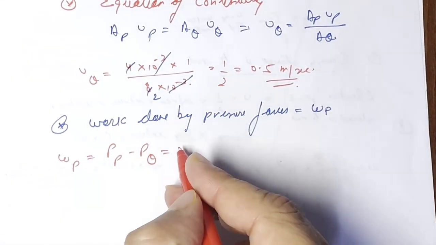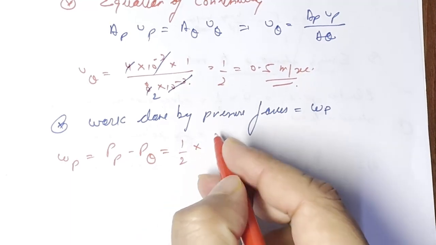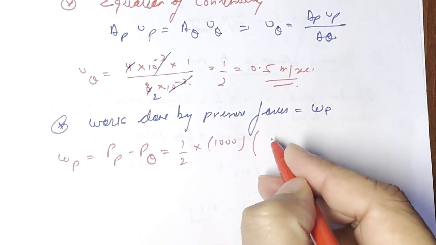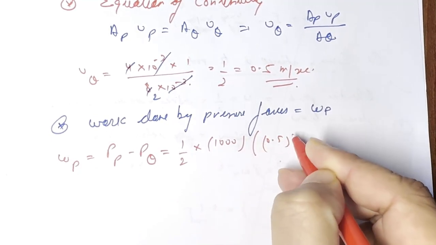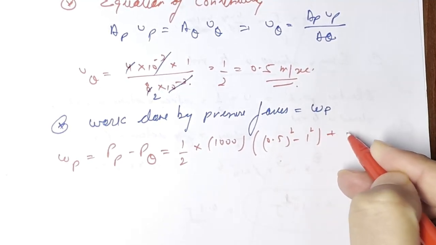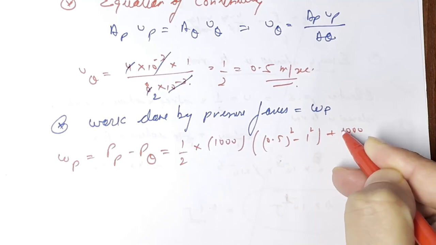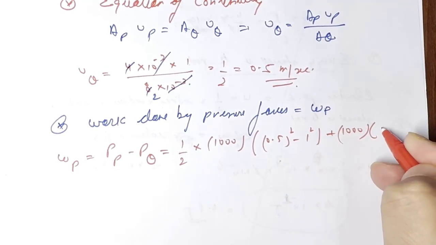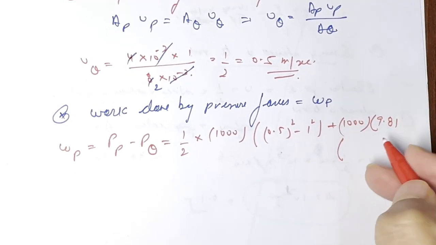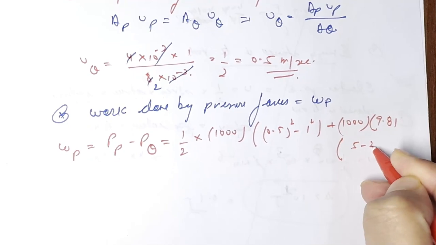This comes as half rho is our 1000, and velocity we found out as 0.5 whole square minus 1 whole square plus 1000 multiply by g, supposed to be taken as 9.8, and multiply by the height, that is 5 minus 2.